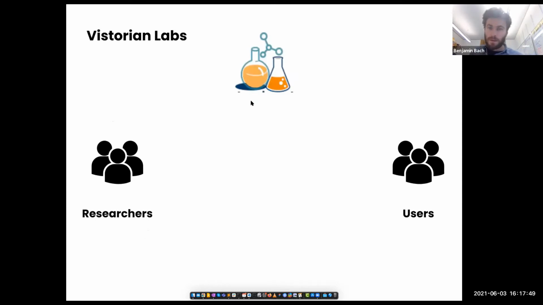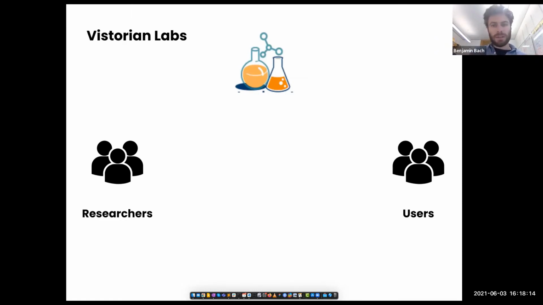And this is all surrounded by what we now call Vistorian Labs, which is the research corner of this Vistorian project. Again, the Vistorian is a university research project, where we as researchers are really keen on connecting to you. On the one side, of course, this is free and you can use it.